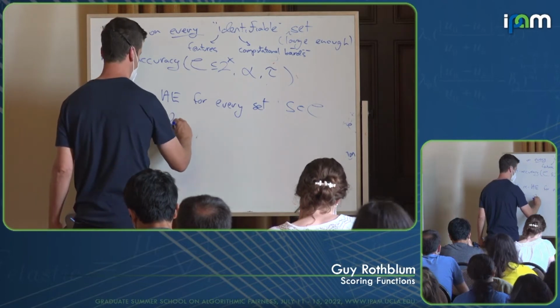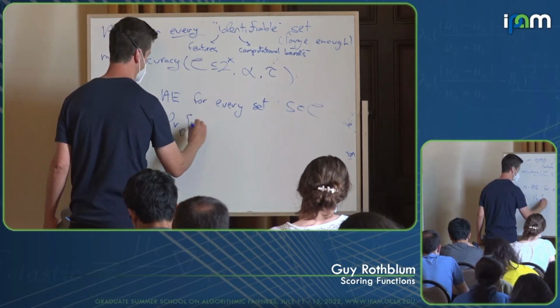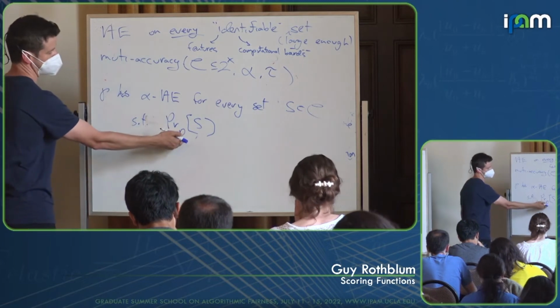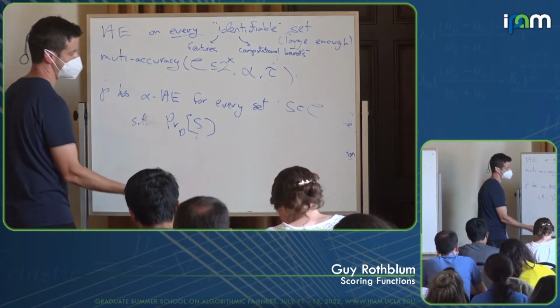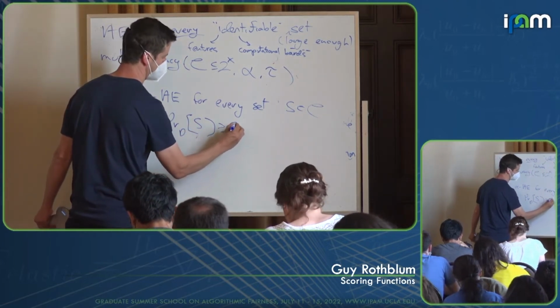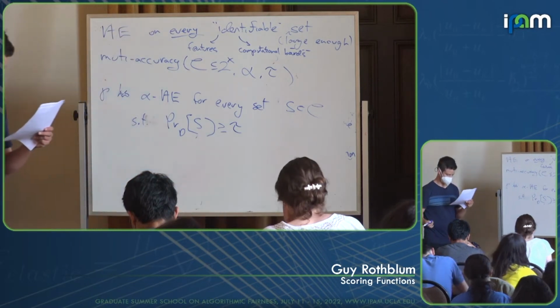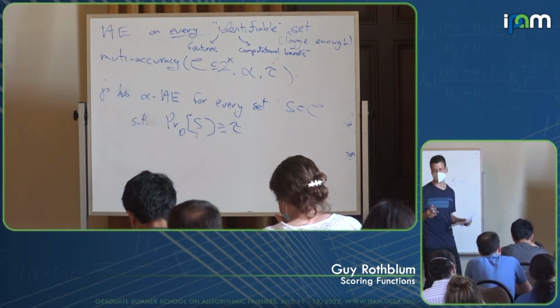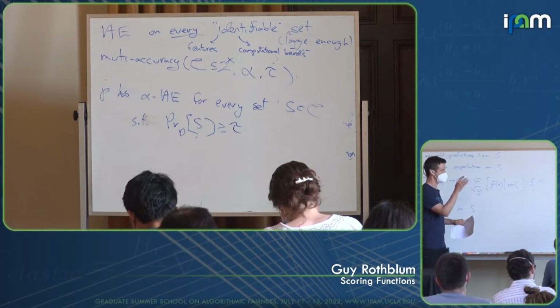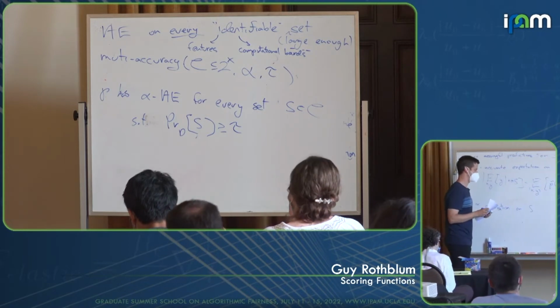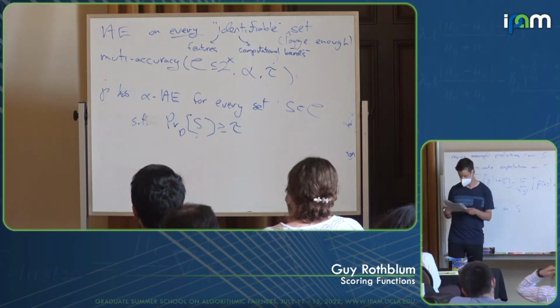So the probability according to D of S, that is, the probability that a random X picked according to the distribution D lands in S, is at least tau. So simultaneously for all of these sets, I want the expectations to be alpha accurate.